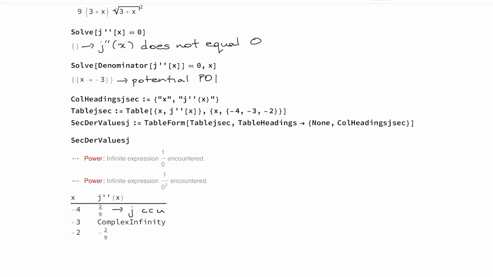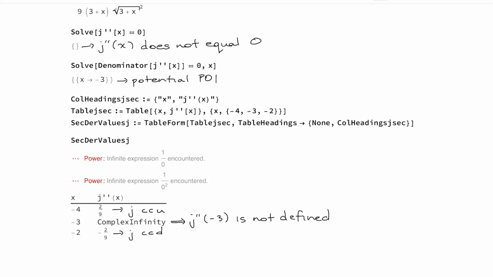So I set up another table, and I pick an x value to the left of negative 3. I picked negative 4, and I see j double prime is positive, so j is concave up to the left of negative 3. Then I pick an x value to the right of negative 3. I picked negative 2, and I evaluated j double prime there, and I got a negative number, which tells me that j is concave down to the right of negative 3.